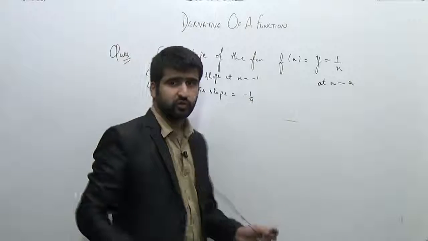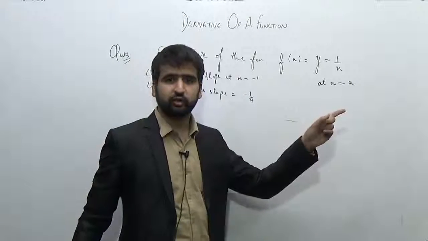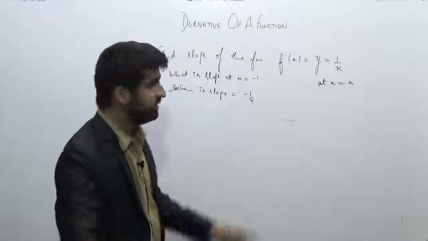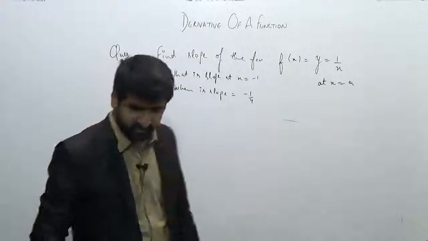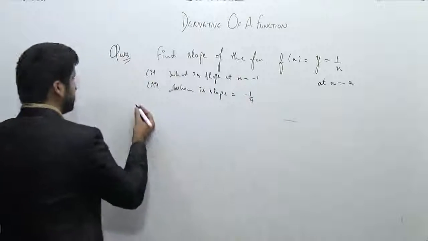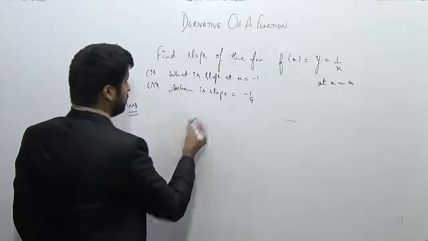So these are the three parts of the question. The first part is, the function is given, you have to generalize the slope in terms of x is equal to a, and then you have to tell me what is the slope at x is equal to -1, and then when is the slope -1 upon 4.